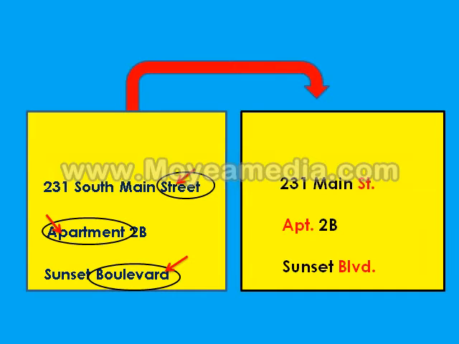Awesome. So we're going to write it as Sunset BLVD followed by a dot or a period. So the abbreviated word for street is ST period. Apartment, APT period. Boulevard, BLVD and period.